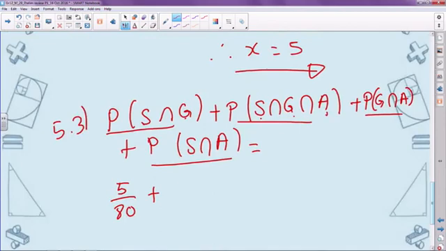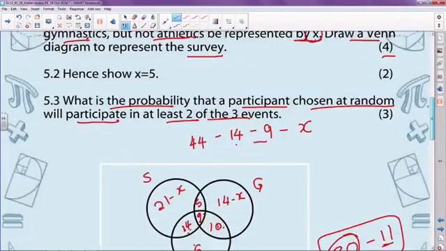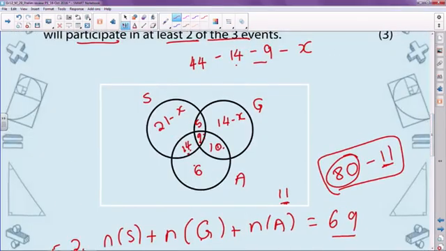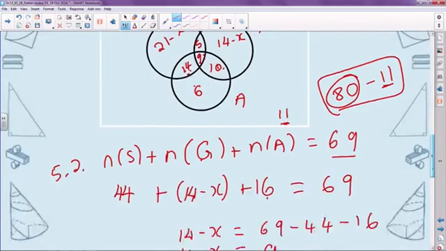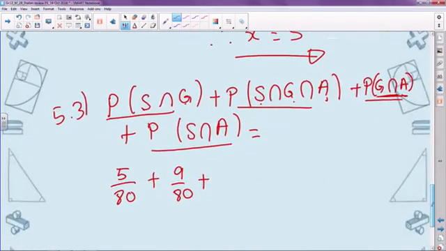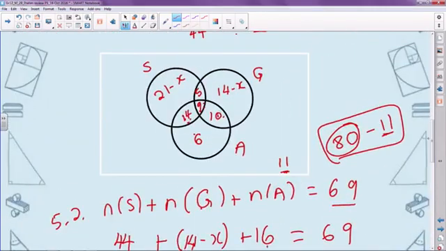And remember, right in the beginning, they told us that that's 9 out of 80, plus the probability of competing in gymnastics and athletics, and that from your Venn diagram was 10 out of 80.